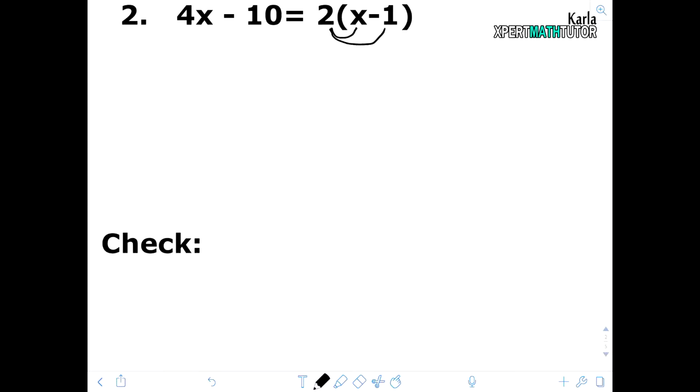So let's copy the left side of the equation because there's nothing to be done. 4x minus 10. I'm going to distribute this 2 to both the x and the negative 1. 2 times x plus 2 times negative 1.